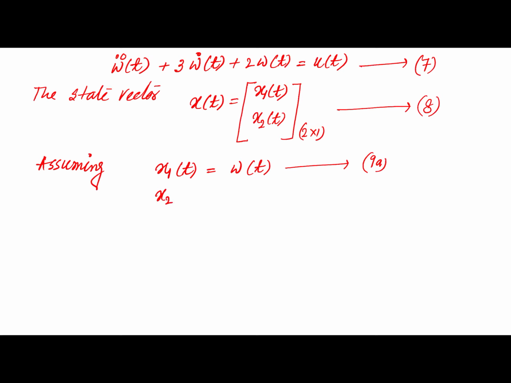Second state x2(t) is equal to rate of change of the output, that is omega dot(t), and x2 dot is equal to omega double dot.